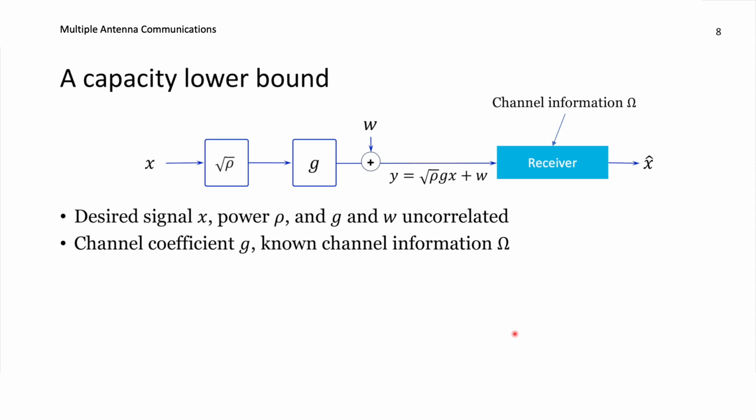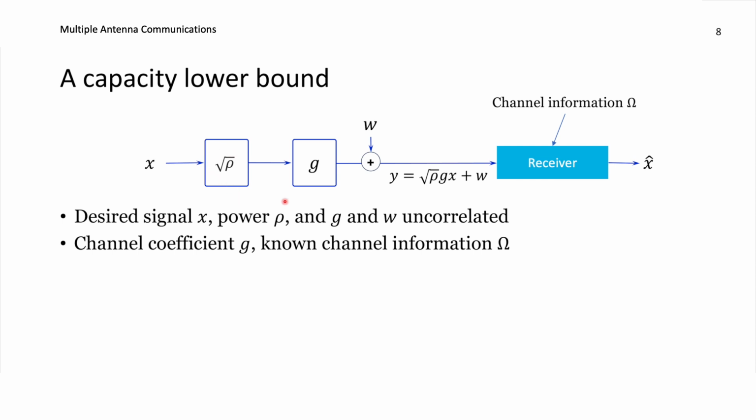So previously we have been looking at the cases when the receiver knows the channel perfectly, and then we can compute the exact capacity in different point-to-point MIMO cases. But in practice, the receiver can't know the channel perfectly. So say that we have a desired signal X that is transmitted. It is scaled by a power term rho. So we have the square root of rho here.